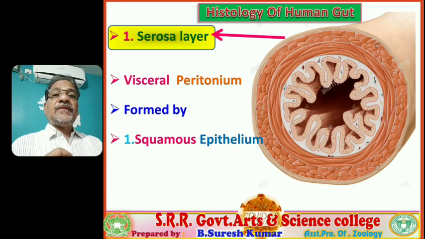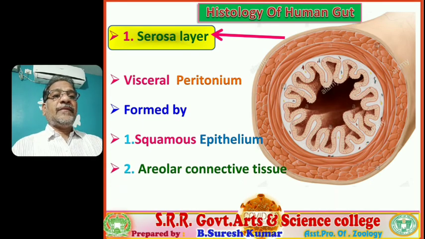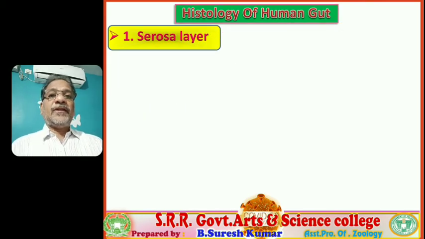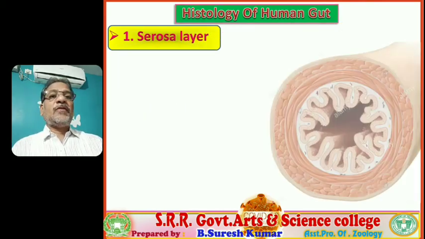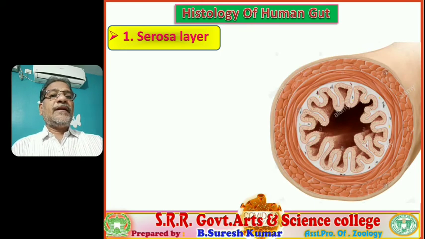It is also termed mesothelium, squamous epithelium, and a little bit of areolar connective tissue. It is a tough layer, a hard layer, so it contains areolar connective tissue along with the squamous epithelium. Right. Next, other properties of the serosa layer.